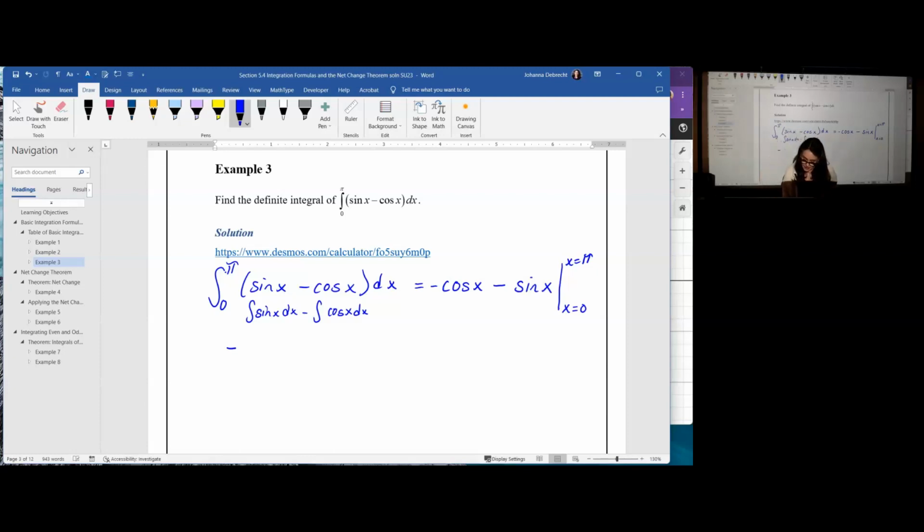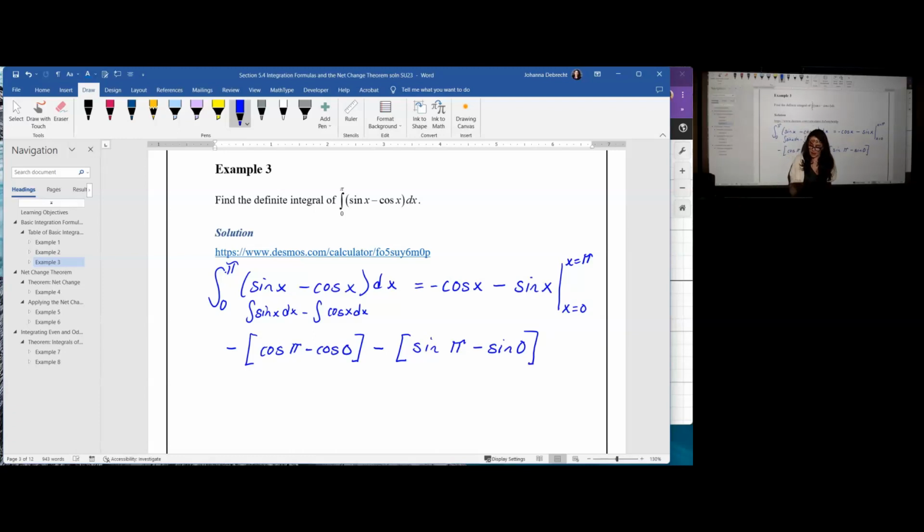In this case, I get negative times the cosine of pi minus the cosine of 0. Then I factor the negative out of the second term, and I substitute the limits of integration. Sine of pi minus the sine of 0. Once I have this, then the next thing I want to think about is evaluating the trig values.